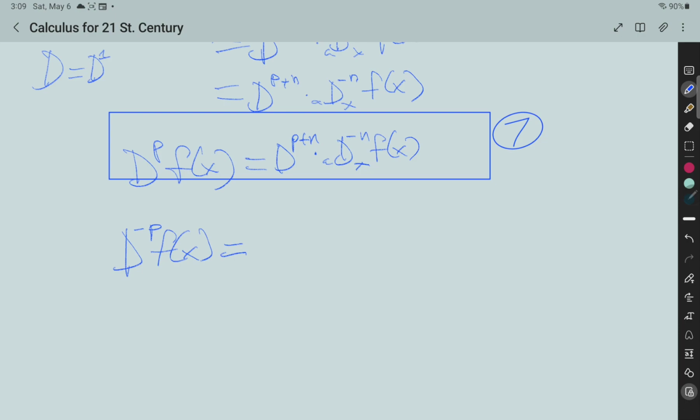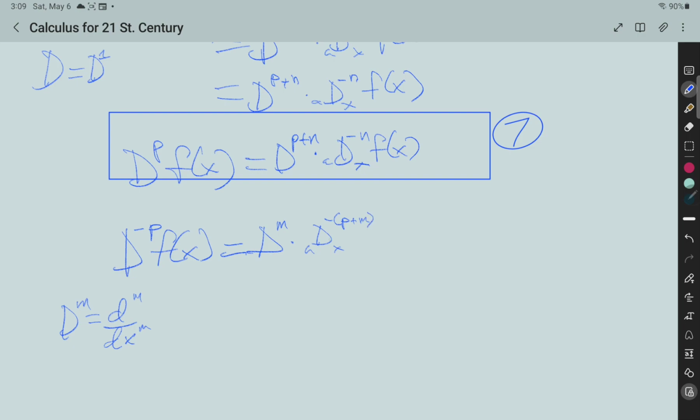This here is the same thing as d of m, ordinary derivative. So dm is d by dx, like that. Dm times d a to the x minus m minus p plus m.